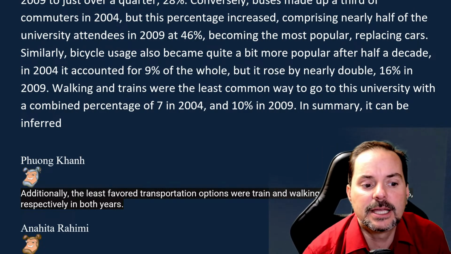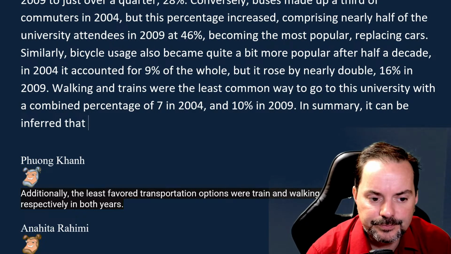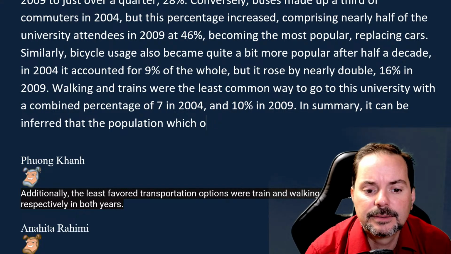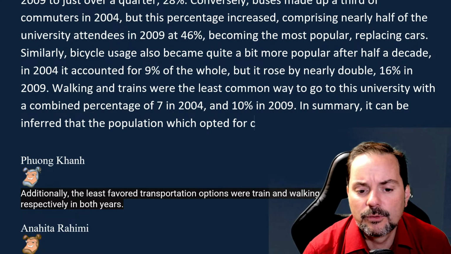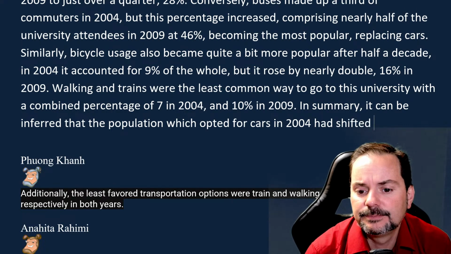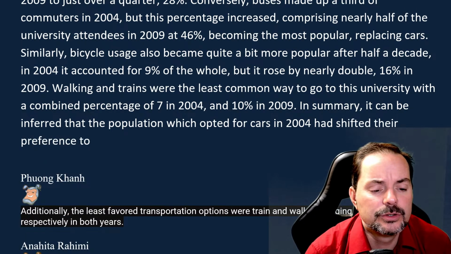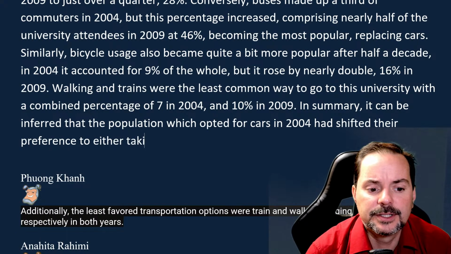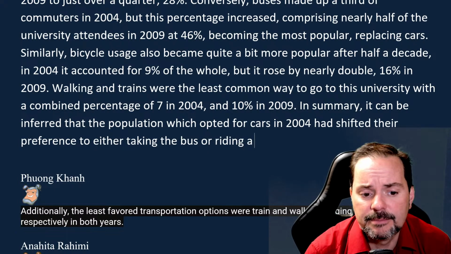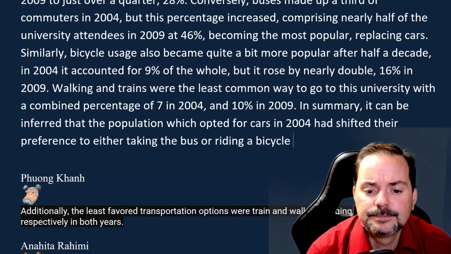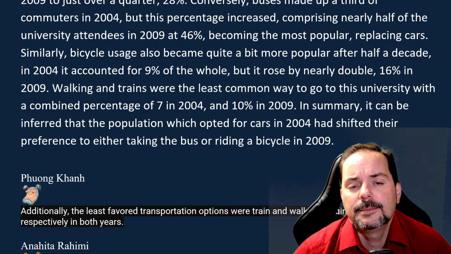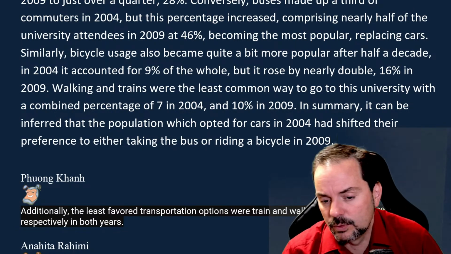So in summary, it can be inferred that the population which opted for cars in 2004 had shifted their preference to either taking the bus or riding a bicycle in 2009. Okay, that would be the inference that we can make here.